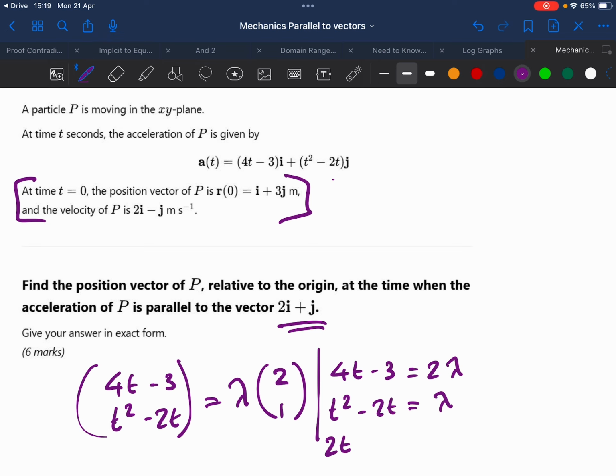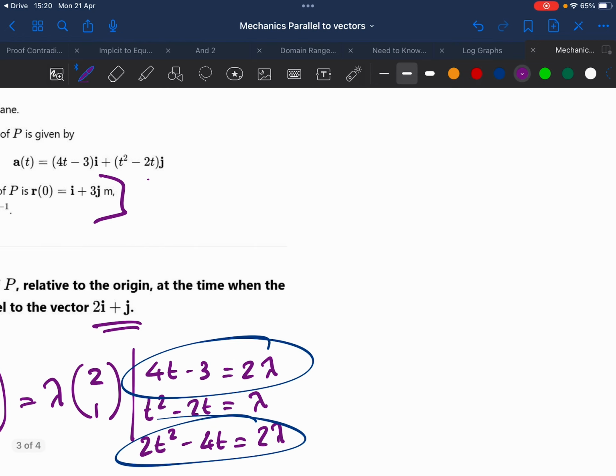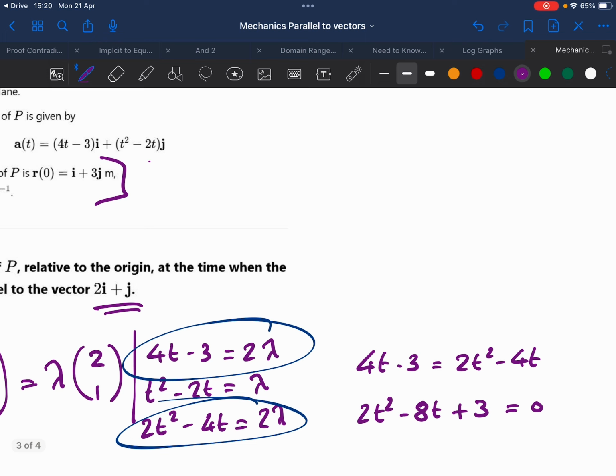You could double the j equation to get 2t squared minus 4t equals 2 lambda. And then you could use these equations together. So let's do that. 4t minus 3 equals 2t squared minus 4t. That's the same as 2t squared minus 8t plus 3 being equal to 0.